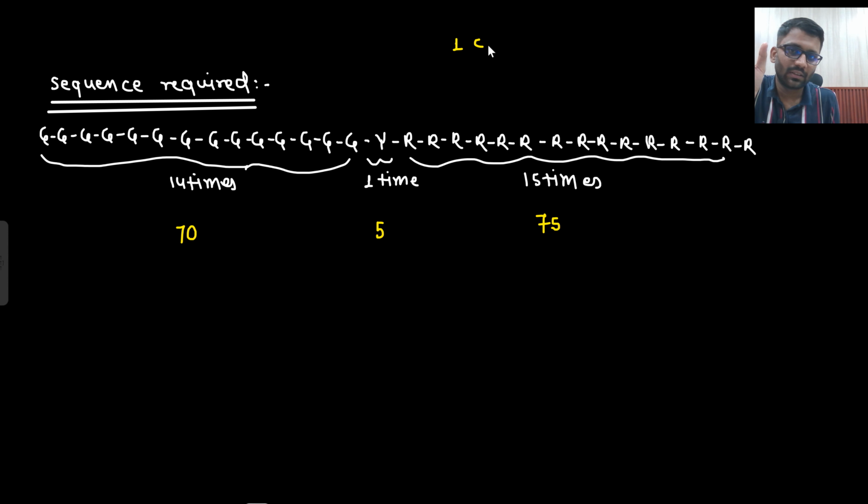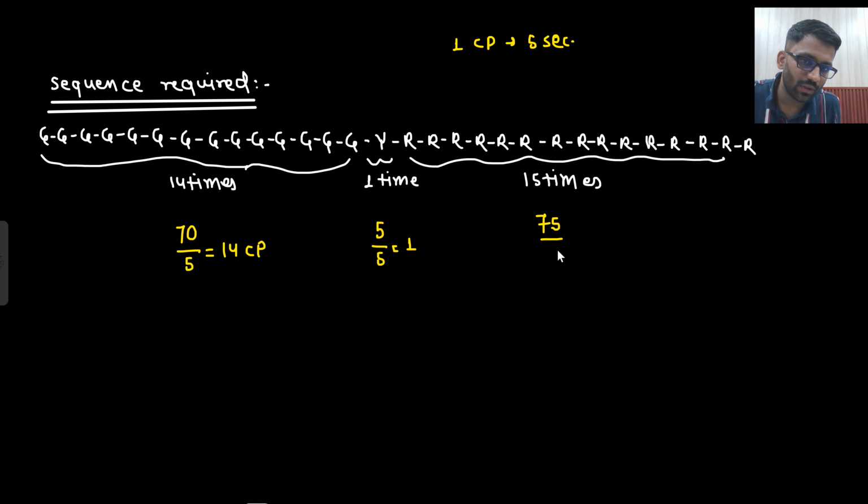One clock pulse is of 5 seconds. So till 14 clock pulses, 70 by 5, it should be green; for 1 clock pulse, 5 by 5, it should be yellow; and till 15 clock pulses it should be red.